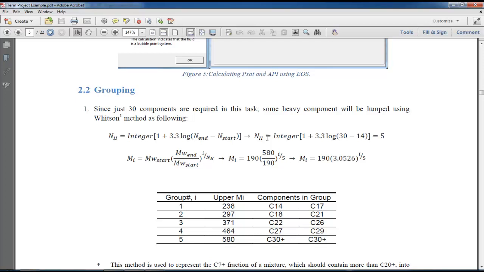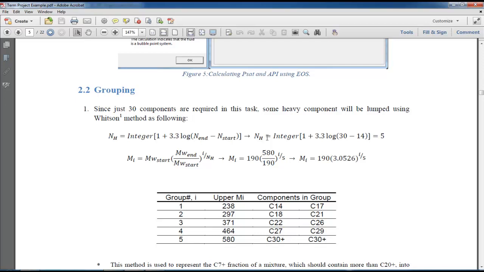At the end you will find that you have 5 groups. C13 plus stays alone, and then you group C14 to C17 as one component, and so on. Actually, it's one pseudo component.